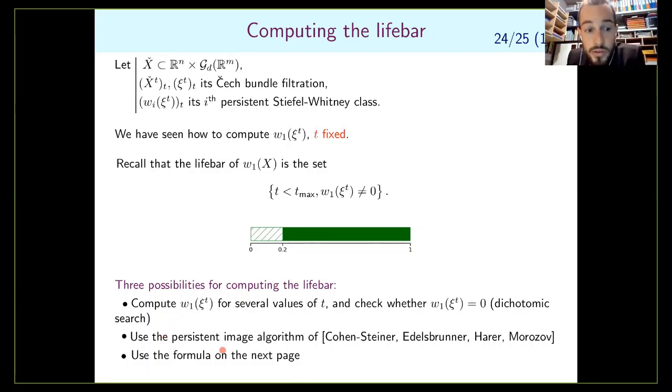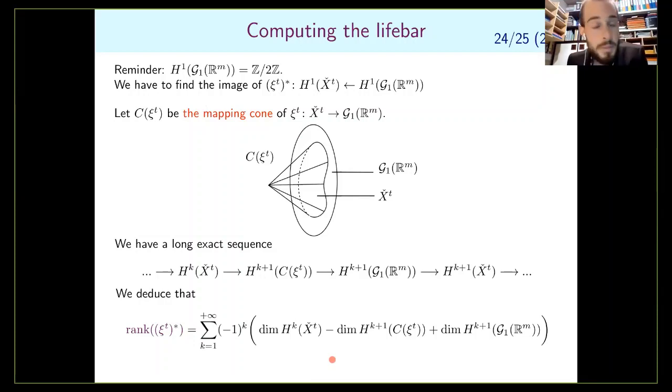We could use the persistent image algorithm that allows to compute the image of a persistence module. But in this case, there exists even a simpler way to do that. And it is based on mapping cones. So the mapping cone is a usual construction in algebraic topology.